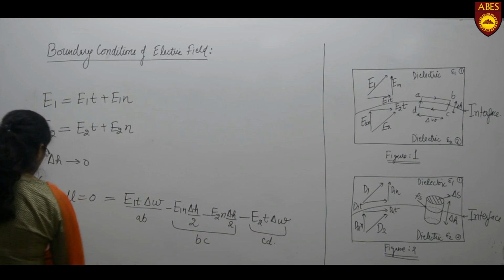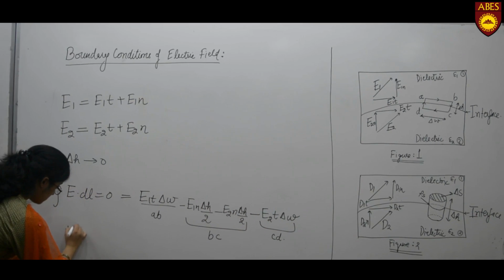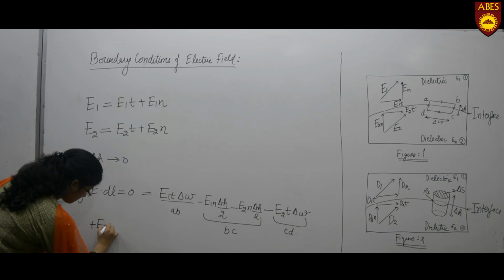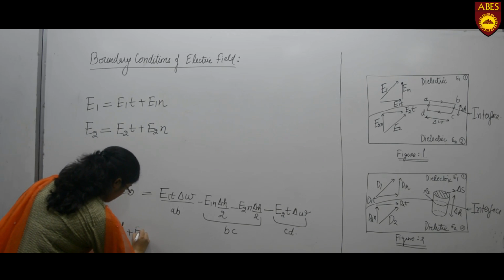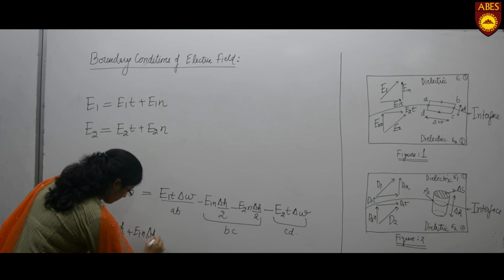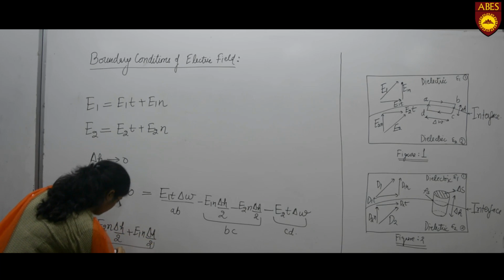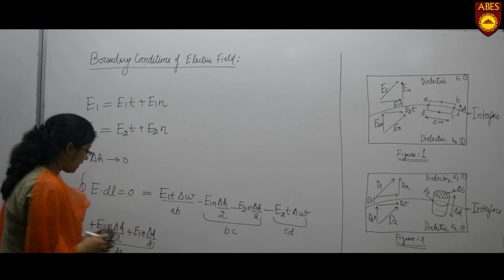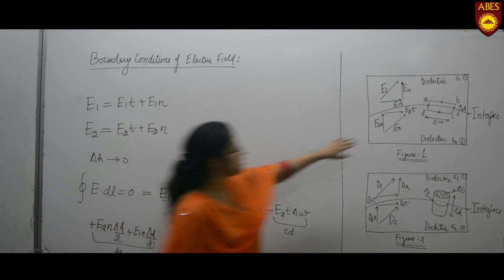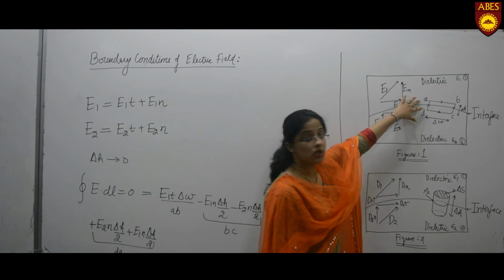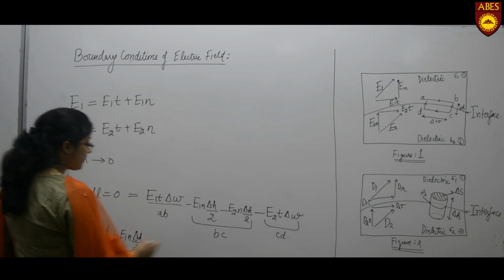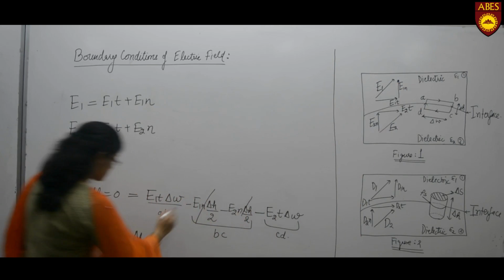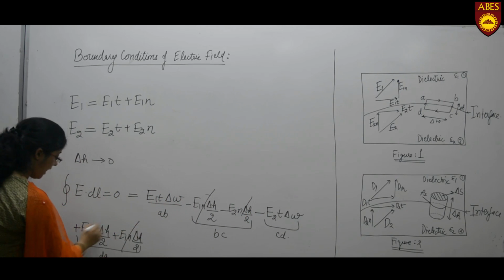Now for path DA, two terms will come, because again this path comes under two regions, region 1 and region 2. On solving these equations, we cancel out this term with this term, and this term with this term.